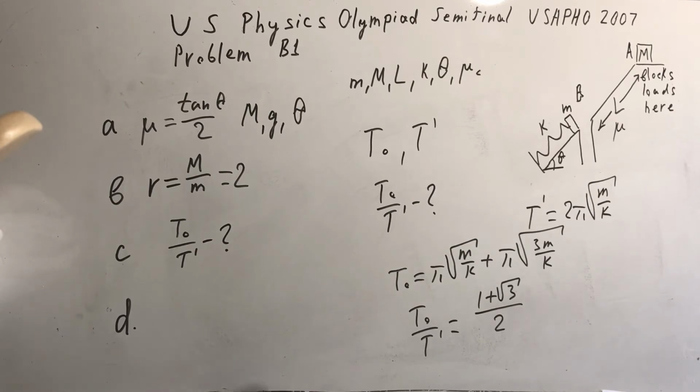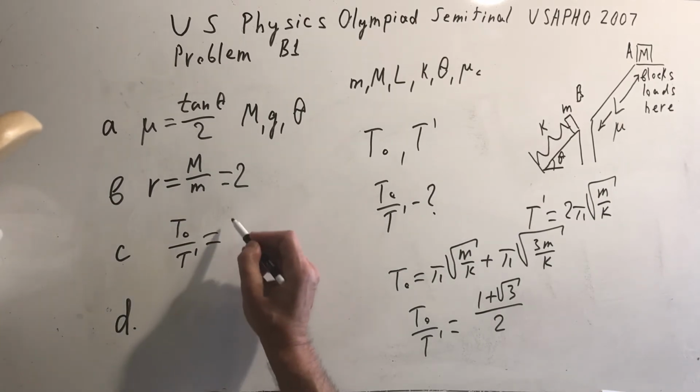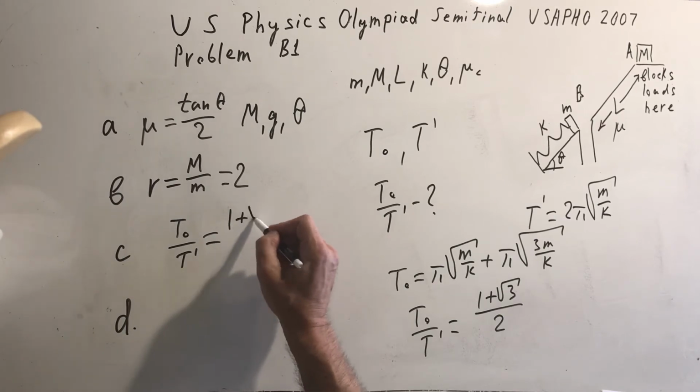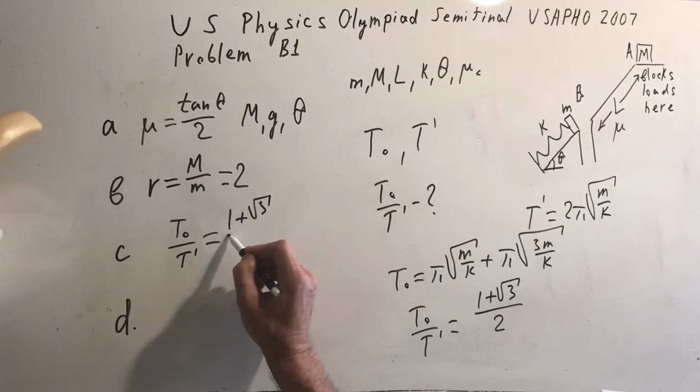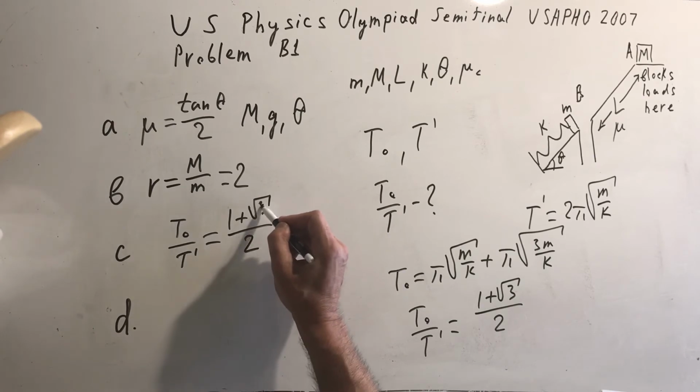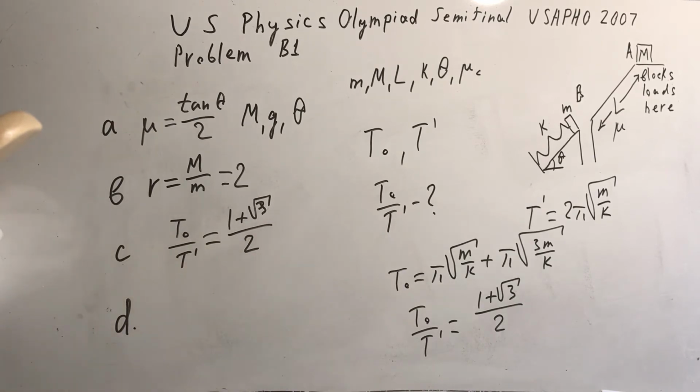So that's the answer for this question. This is a relation for these two periods. This is 3. Okay.